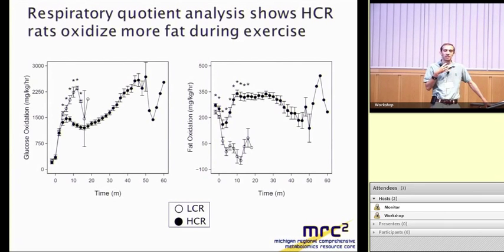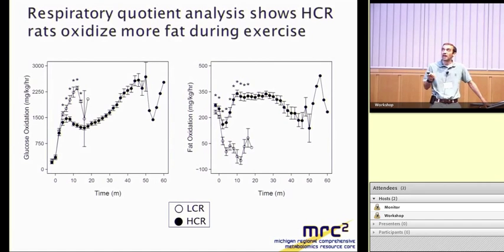And it also can tell you something about the relative ratio of oxygen consumption and CO2 production. It can be used to estimate how much carbohydrate you're burning during that period of exercise and how much fat you're burning at any given period of time.